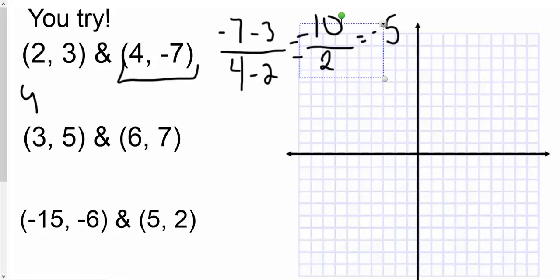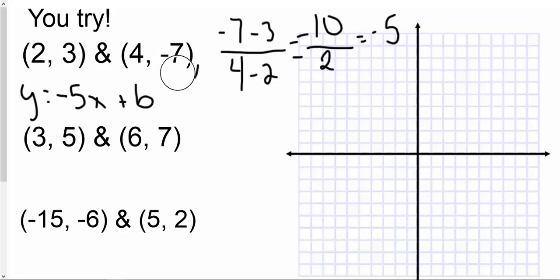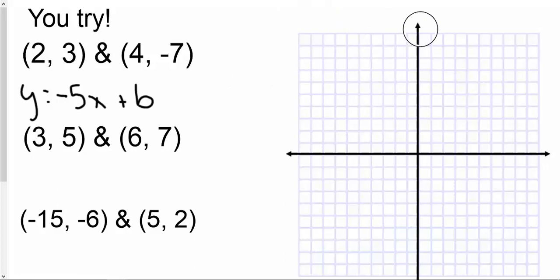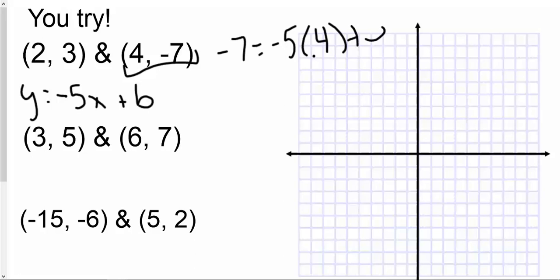So far my equation is y equals -5x plus b. All right. Now I will plug in a point. Let's say we want to plug in this one. Why not? And so we'll get -7 equals -5 times 4 plus b.